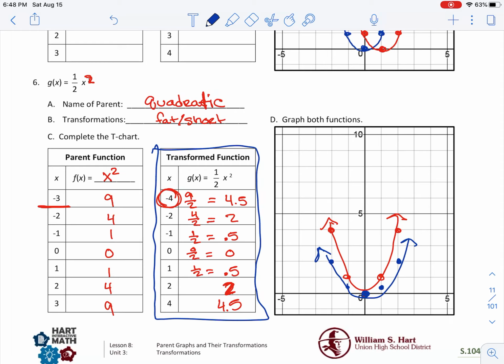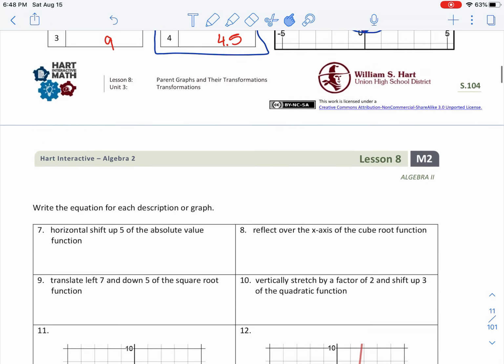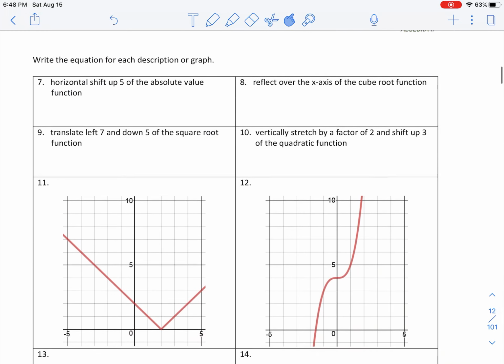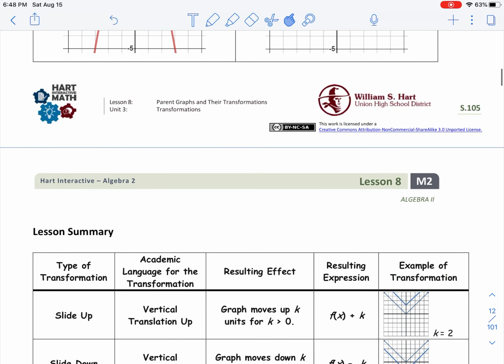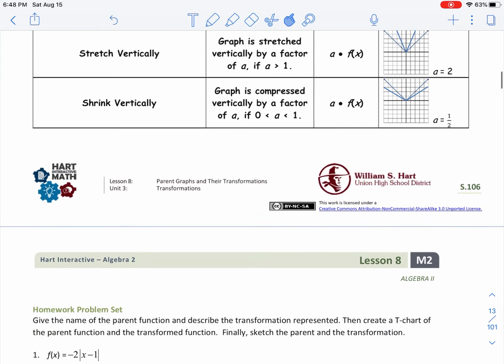And that's what my picture looks like. Okay.